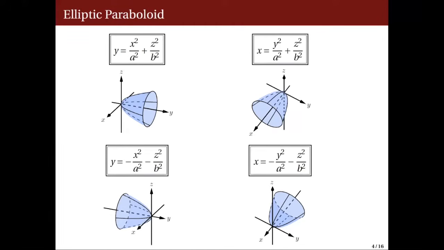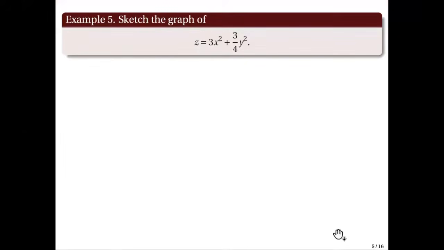Let's look at an example. Here we have the equation z equal to 3x squared plus 3/4 y squared. We are guaranteed that this represents an elliptic paraboloid because one variable is of degree 1, two variables are of degree 2 and have the same signs. The constant term is 0.